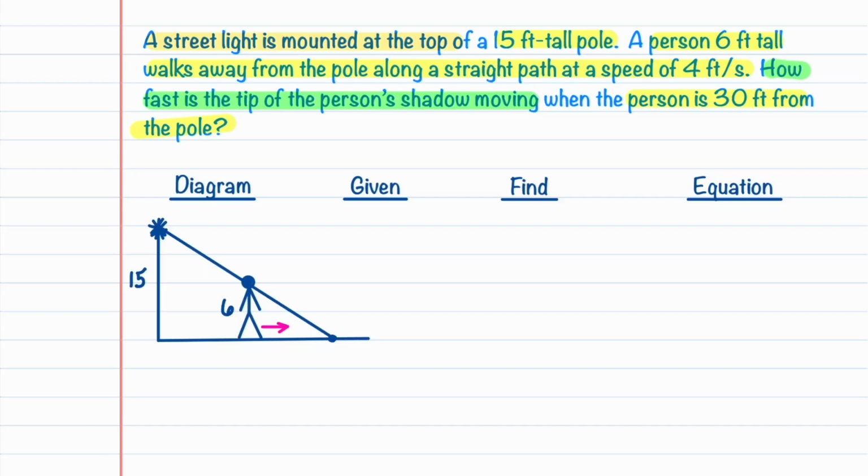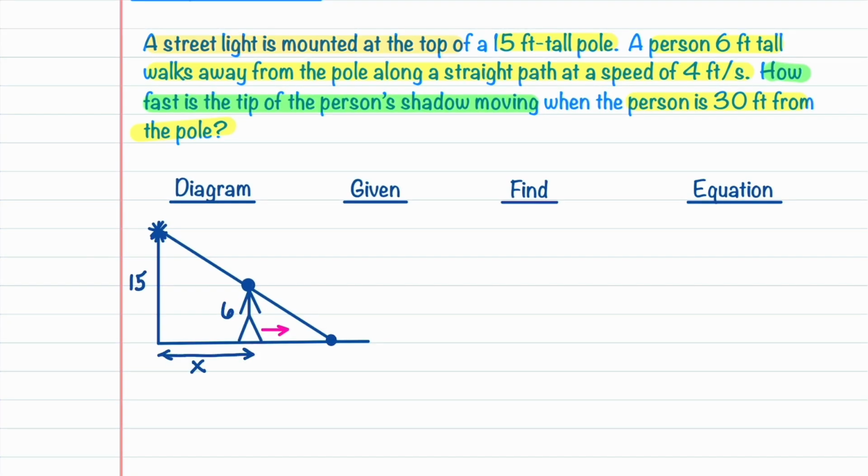So that means we need to set a distance here equal to x, because dx/dt will be the speed that the person is walking. We want to then find how fast the tip of the person's shadow is moving.